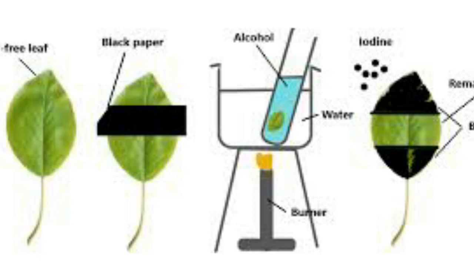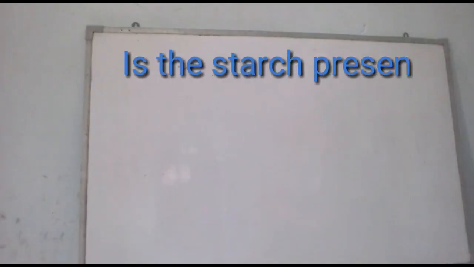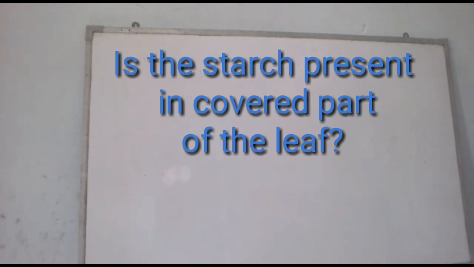But before making any observation, take that covered leaf, boil it in water, then boil the leaf in alcohol, then wash the leaf in cold water and add a few drops of iodine. What will you see? Is starch present in the covered part of the leaf?